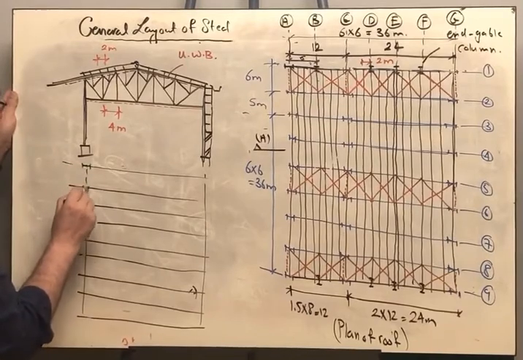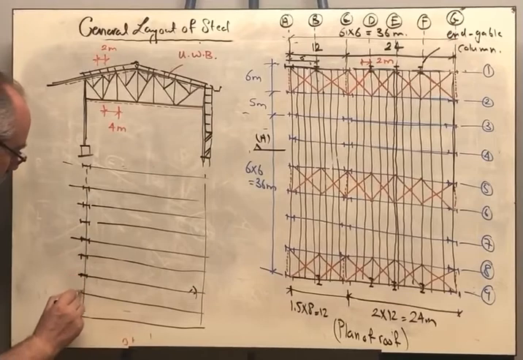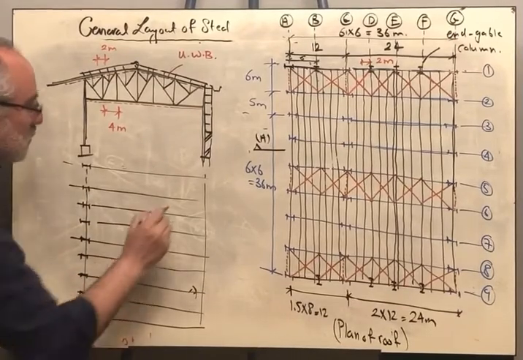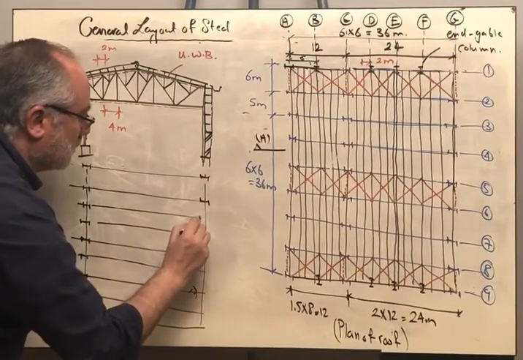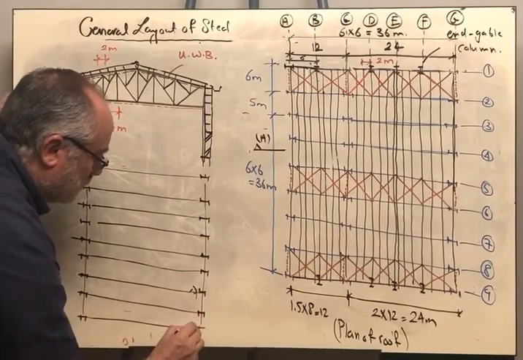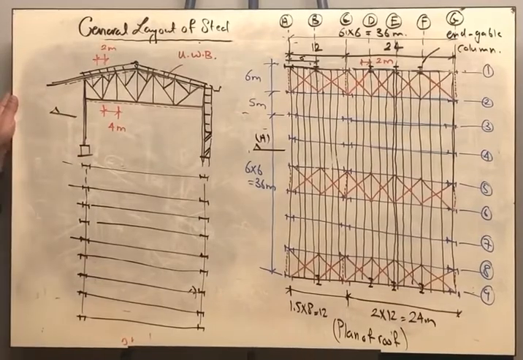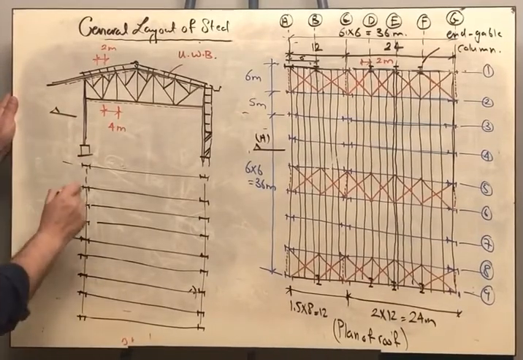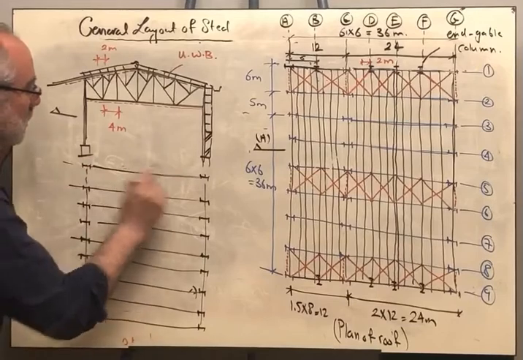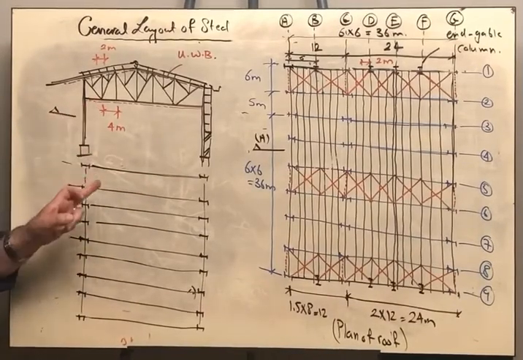These are the columns. And as if I am taking a section here in this direction at the bottom fibers, we are no longer having purlins, but we are having struts though.